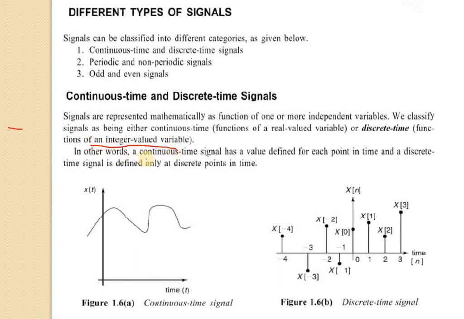In other words, a continuous time signal has a value defined for each point in time, and a discrete time signal is defined only for discrete points in time. I have already discussed these two previously.